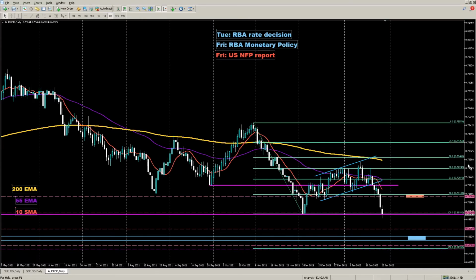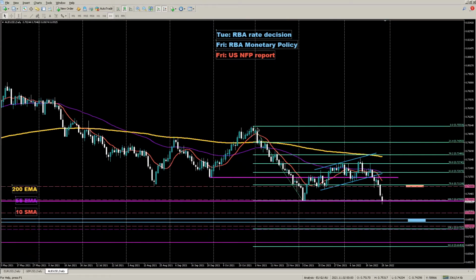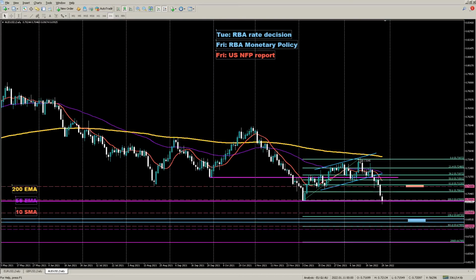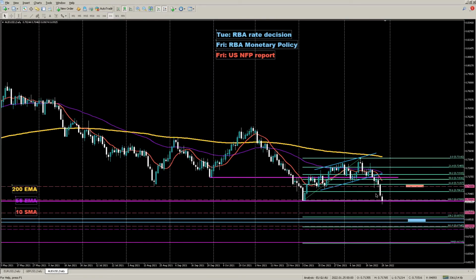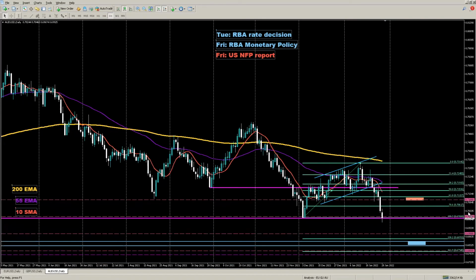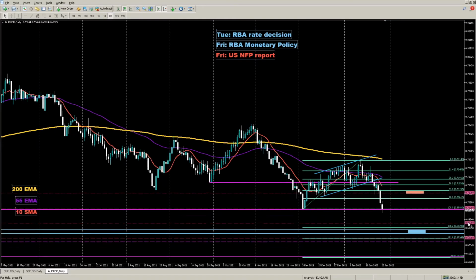Okay. Now let's draw a reversal, move this to a reversal fib area, and yes, that's 162 fib extension alignment with the 6800 area. So this is possible as well.